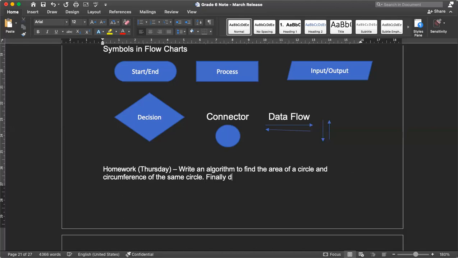Finally display the area and circumference.